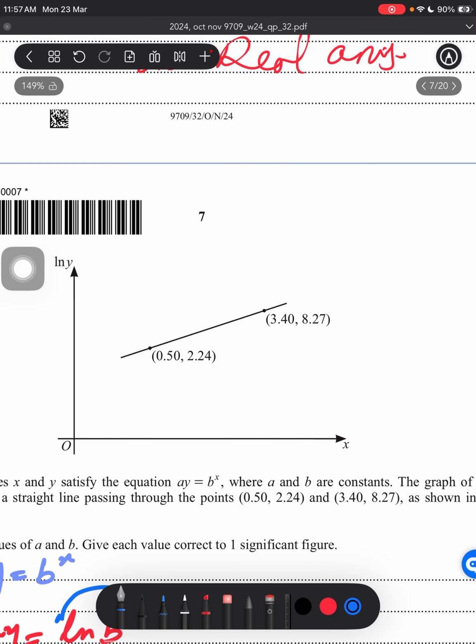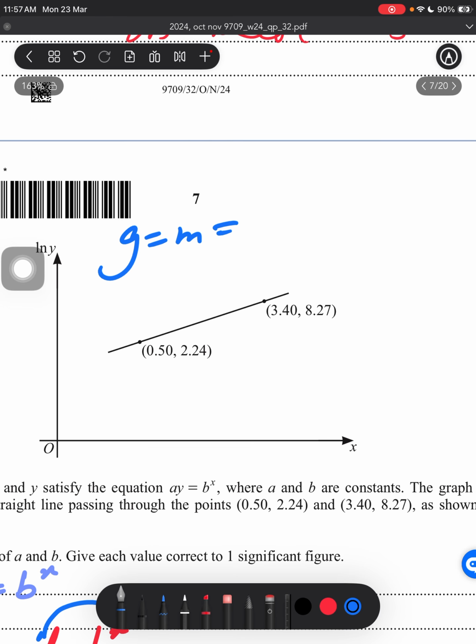So the gradient, or m, would be equal to, we can take these terms as x1 y1, and this can be taken as x2 y2.